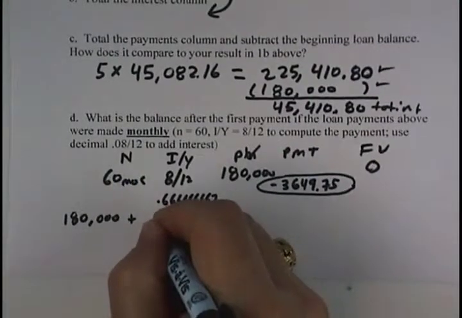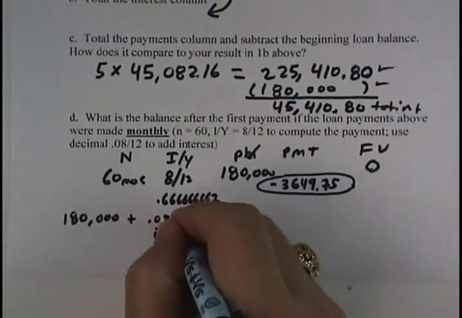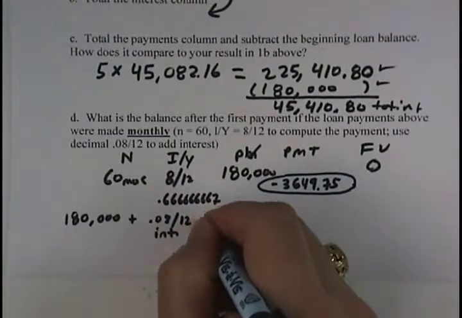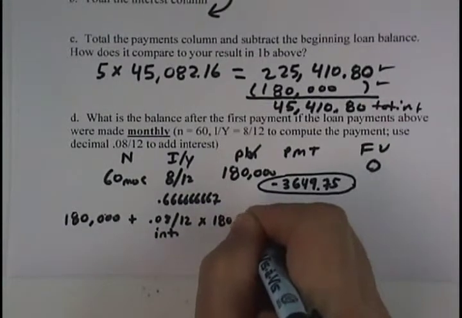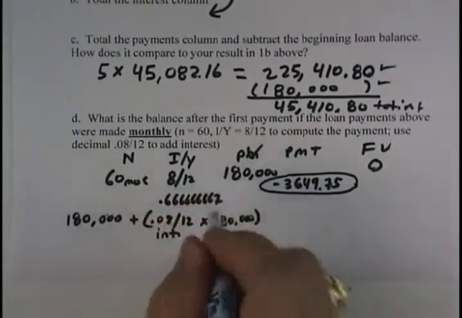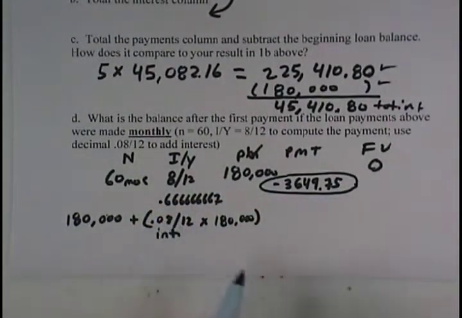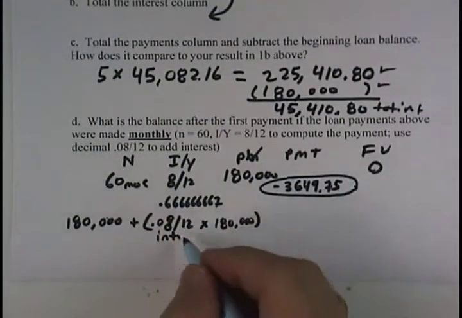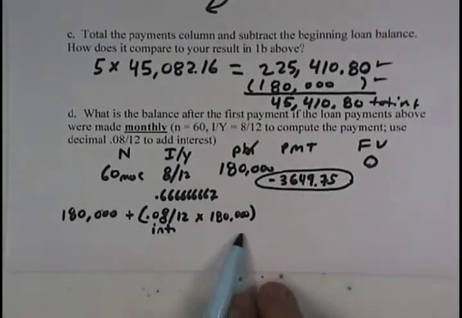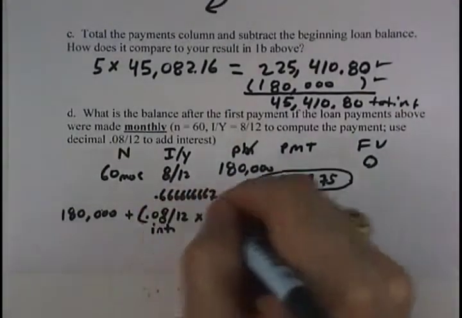So I'll take that 0.08, divide by 12, and multiply by my $180,000 beginning balance there. So the 8% for the year, 0.08, divided by 12 will give me my monthly rate that I multiply by the $180,000. So the interest charged that first month would be $1,200.